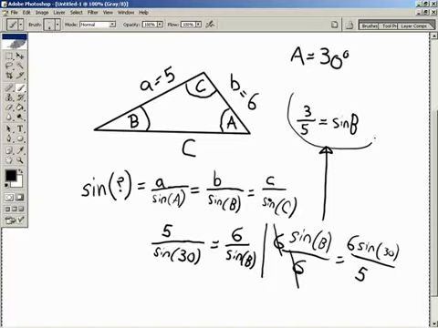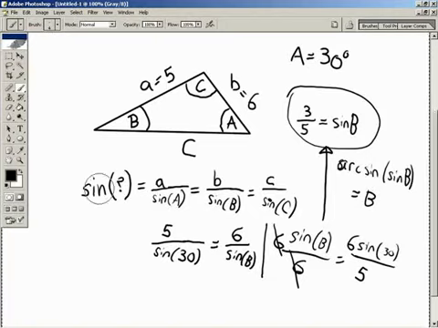But that doesn't really help all that much because it doesn't tell us what B is, it tells us what sine B is. Yeah. So now we need to find B out of sine B. Well, that's where that whole arcsine notation comes in. Arcsine of sine of B will give you B. So, in your calculator, I'm just going to do a bit of erasing quickly to get some more space.